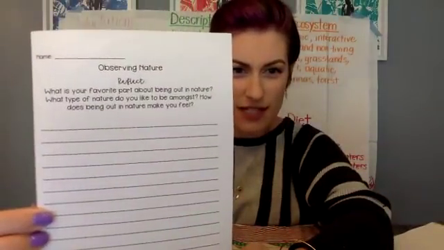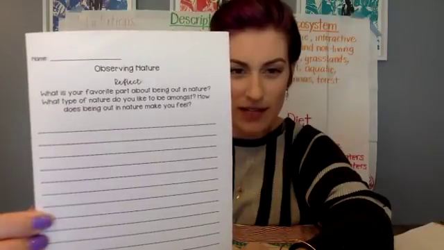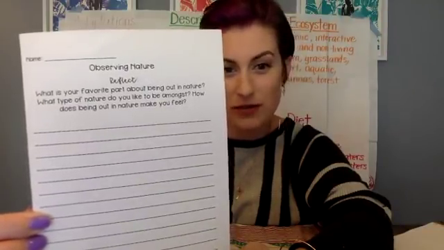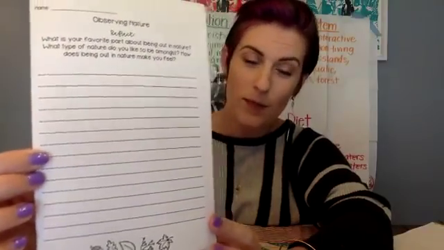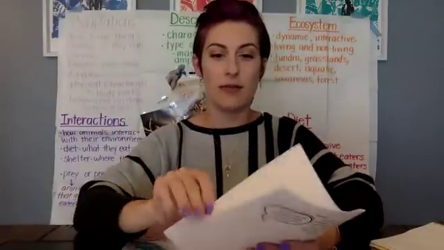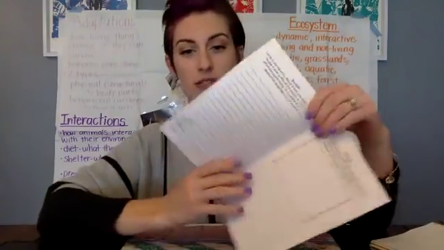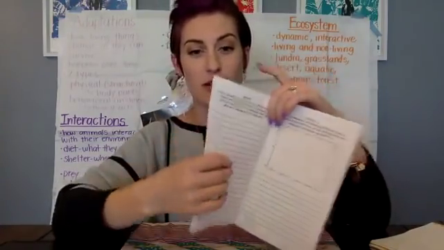So the first page is reflect. What is your favorite part about being out in nature? What type of nature do you like to be amongst, and how does being out in nature make you feel? So there's one. And I haven't figured out my printer yet, so sorry, I didn't print this out right. But anyway, this prints out on the inside. Second page is a journal entry.